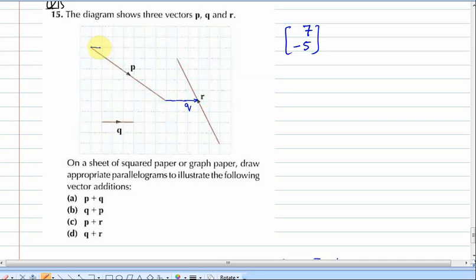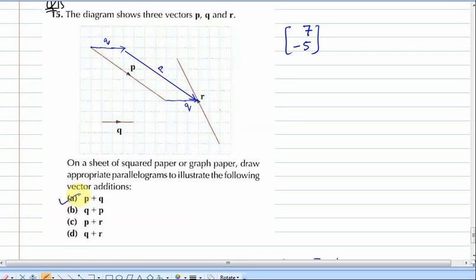It's 1, 2, 3, and it's Q. Now the leftover part is the same vector P. So that is the parallelogram of P plus Q, right? I've done the first part.